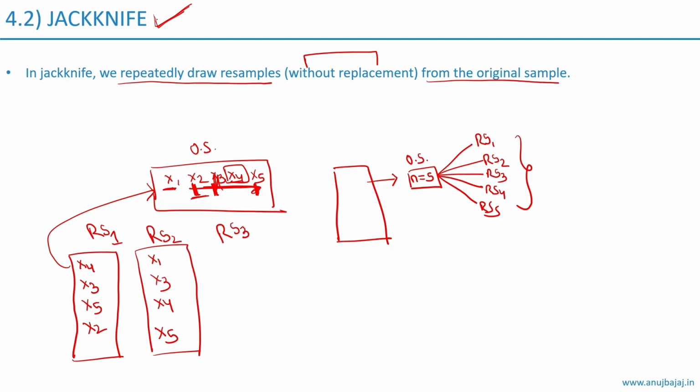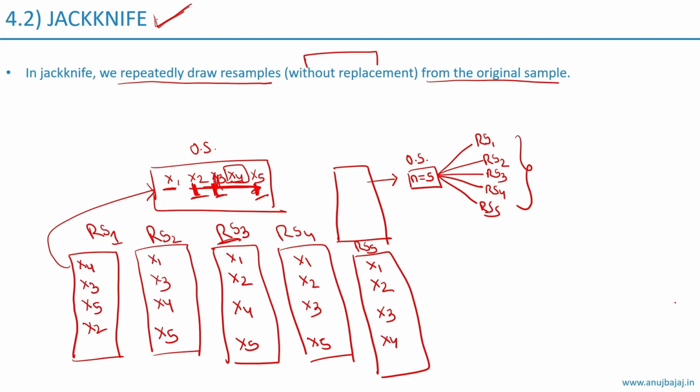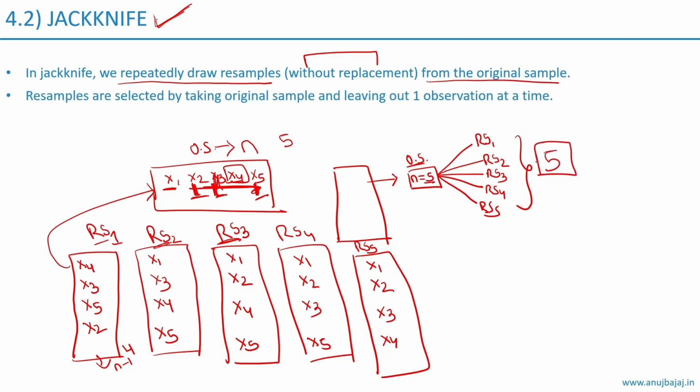Similarly, in resample 3, we leave out, say, the 3rd observation. So we can say if the original sample has a size of n, then the resamples will have a size of n minus 1. The original sample had a size of 5 observations and each resample had a size of 4 observations. For an original sample of size 5, we will have 5 resamples.